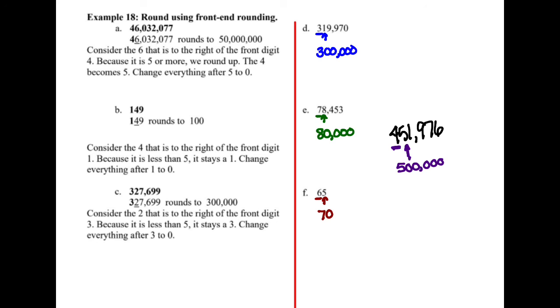That's technically the correct answer. If you wanted to just tell somebody that you're going to round that off, I would probably say it's 450,000. However, that's just an estimate, and it's a pretty good estimate, but it's not using front end rounding. Front end rounding means you have one number and everything else is zeros.